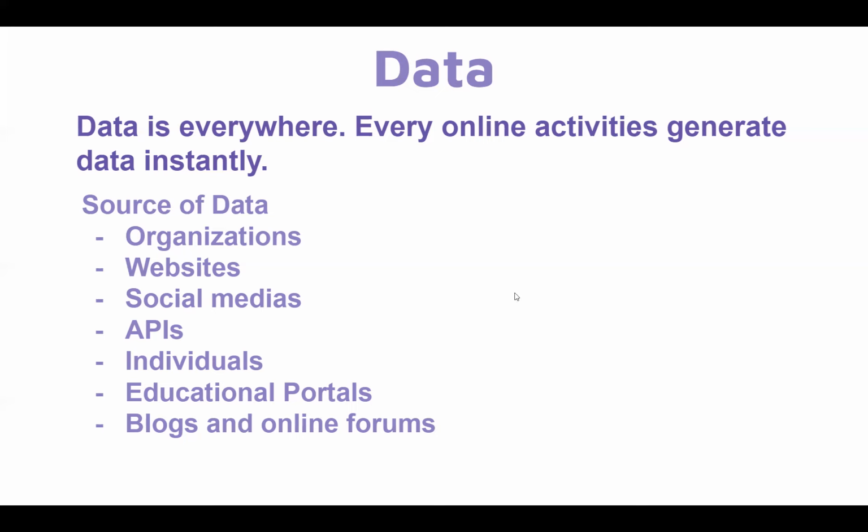Sources of data. For instance, let's take Google. Google gives us a service, and Google collects all our activities. When you visit a shop, it asks you how the service in this shop was, and asks you to rate. They are actually collecting data in different forms.